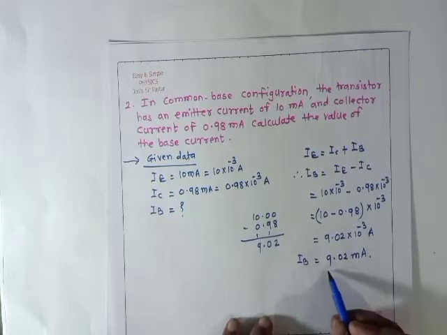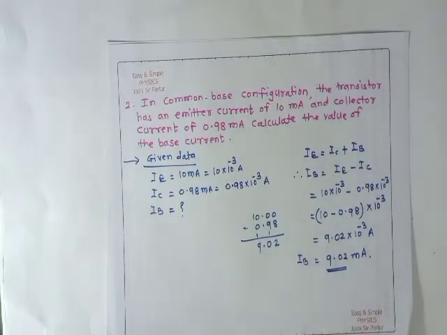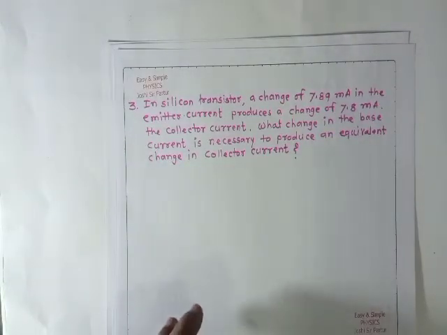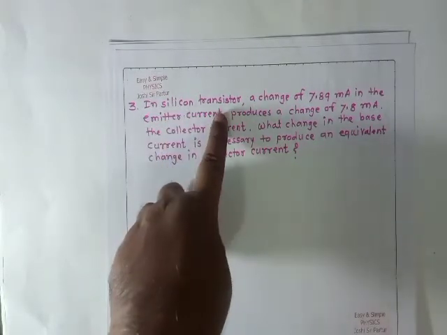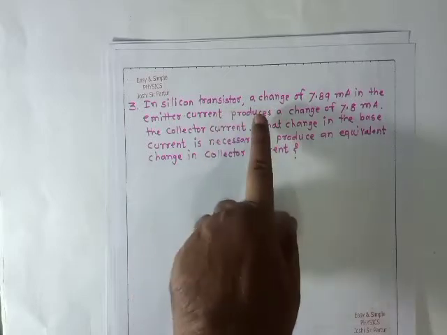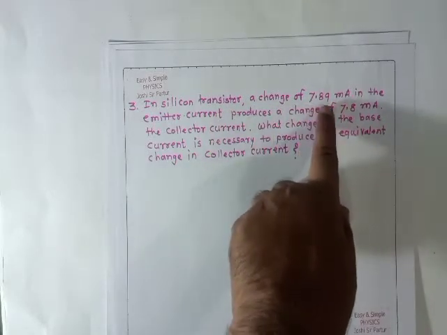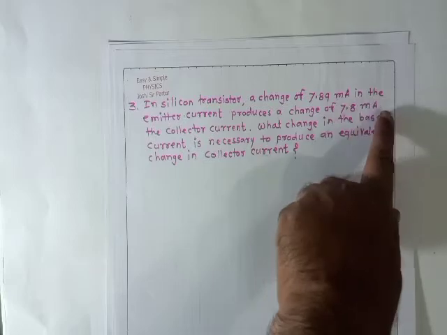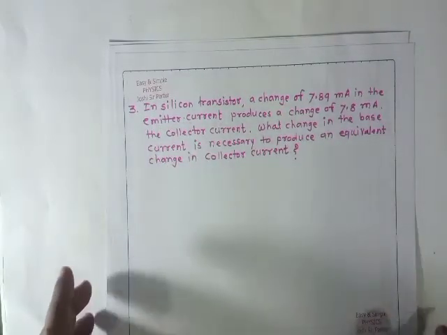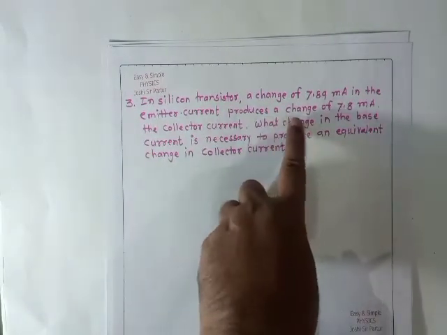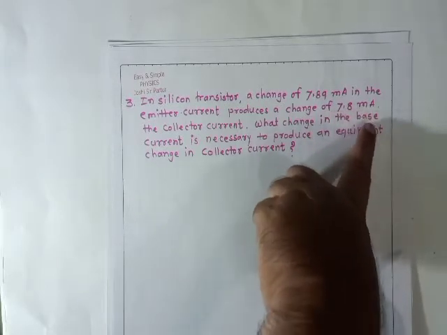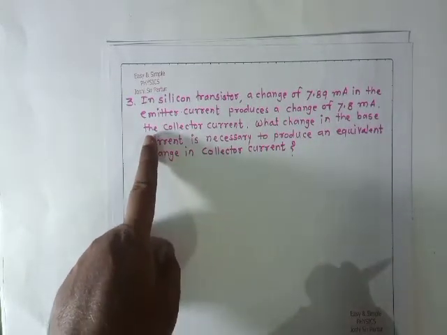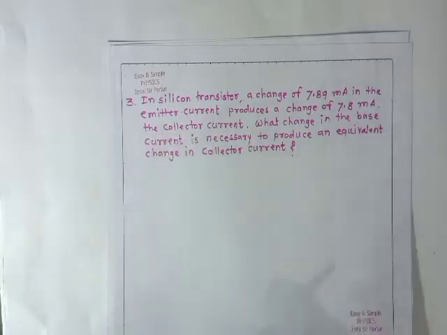9.02 milliampere. Similarly, a similar question will be seen like this. In a silicon transistor, a change of 7.89 milliampere in the emitter current produces a change of 7.8 milliampere in the collector current.